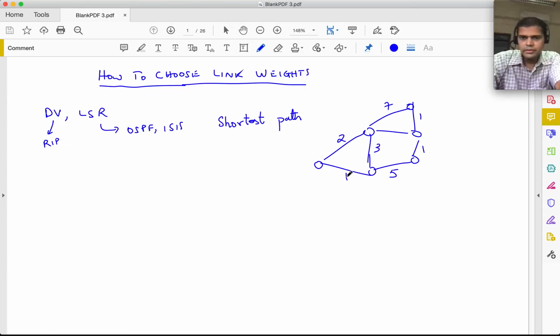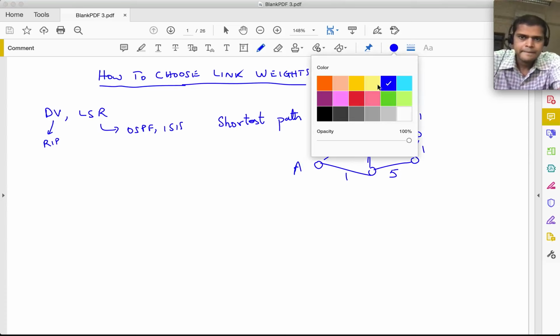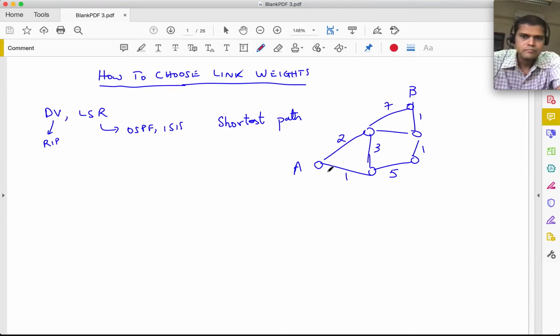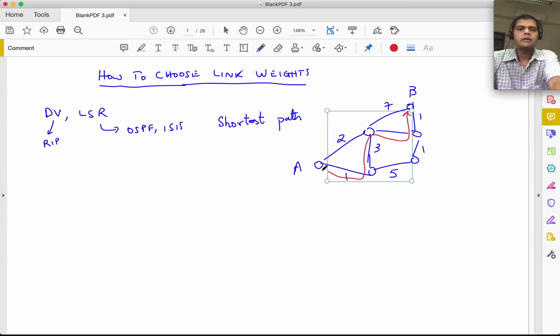Suppose I choose a particular weight here, and let's say this is A and this is B. Maybe all the data that is meant to go from A to B will go along this path, and none of the packets from A meant for B will go along this link.